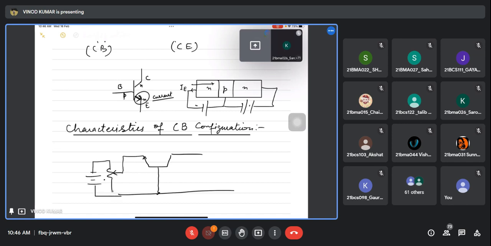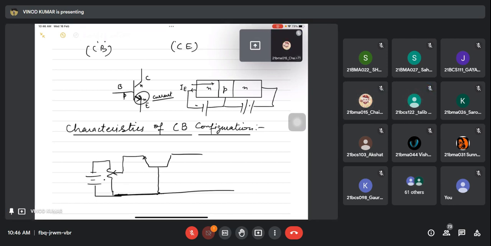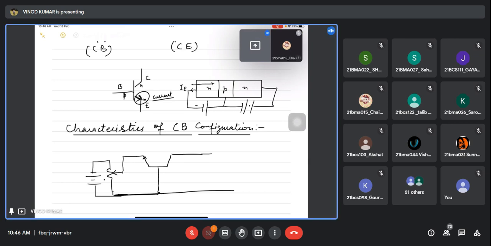You know rheostat? So rheostat is a variable resistor basically.